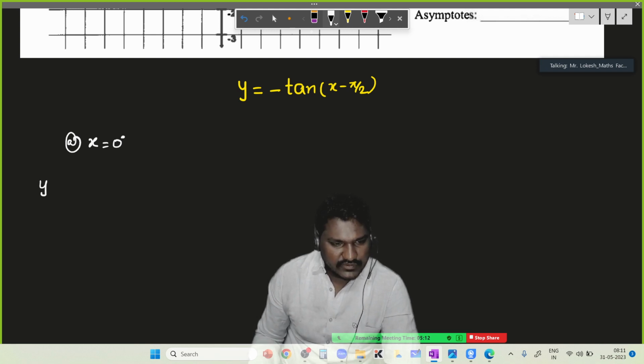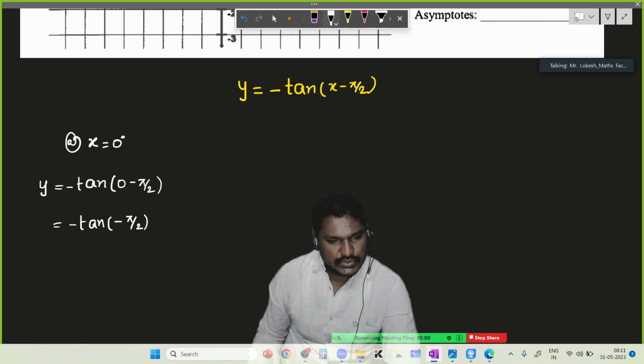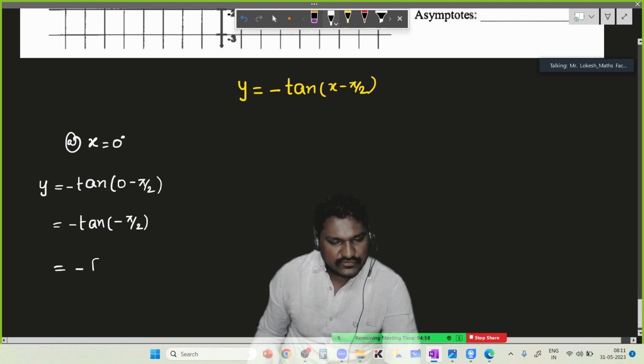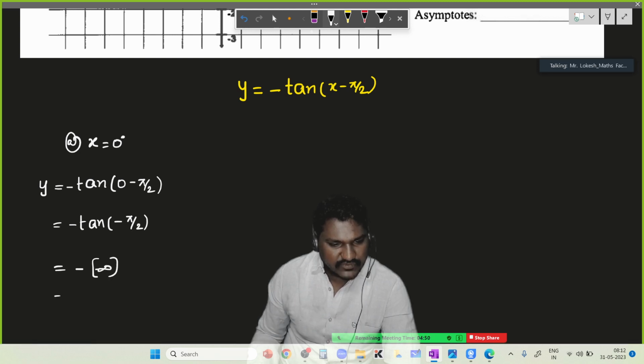So y is equal to minus tan of 0 minus pi by 2, which will become minus tan of minus pi by 2, and tan 90 is undefined, so minus of minus undefined will become undefined.